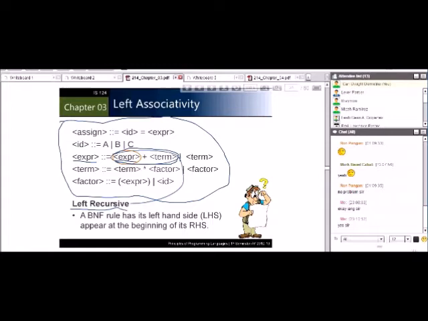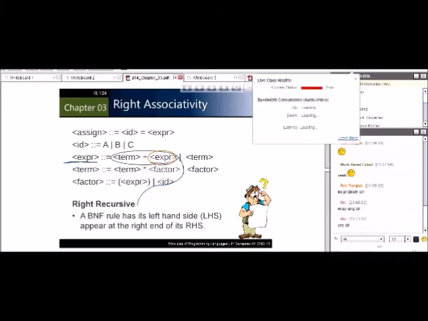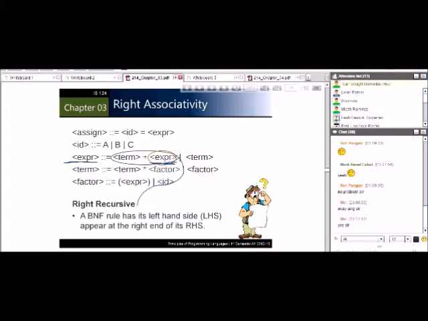So it has to appear here, yung nasa gilid, the left side. So that's just left associativity.